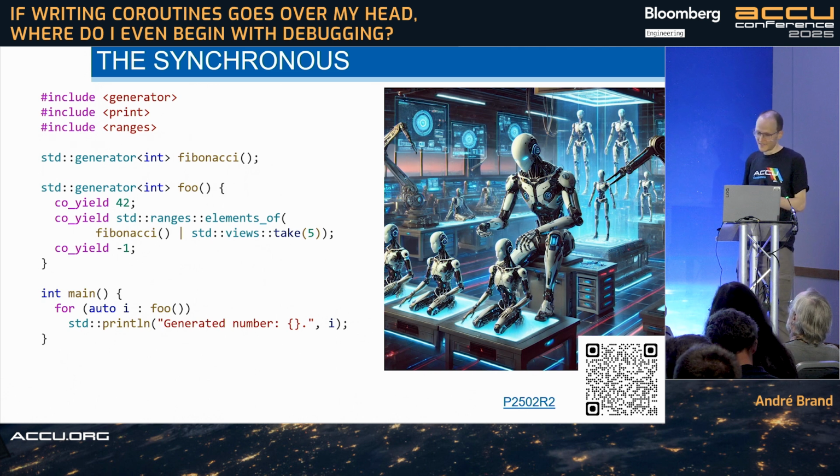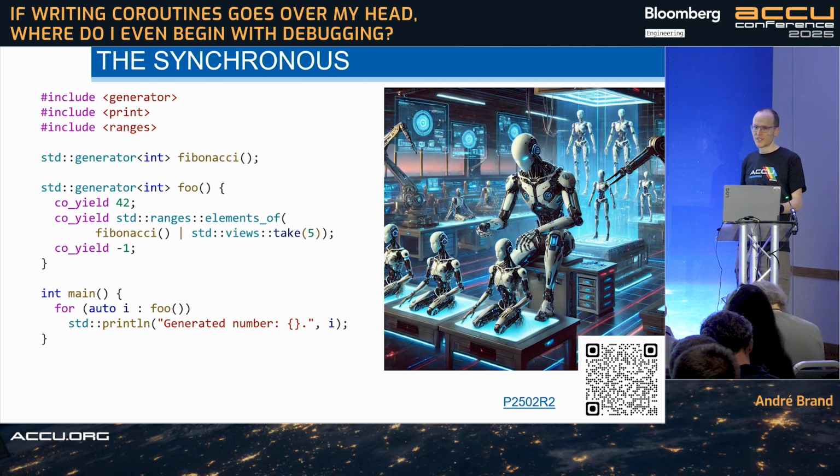makes it somehow clearer what I was referring to as magical powers, because this co-yield is more powerful than just returning to the caller. In fact, you can choose where to proceed next.